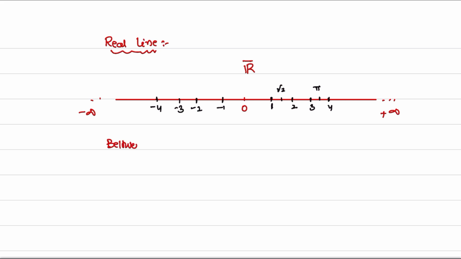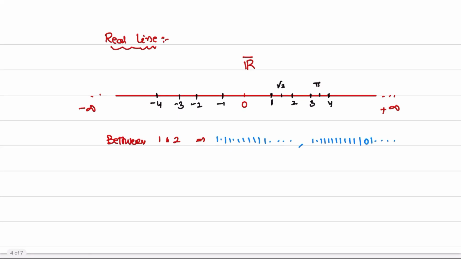Between 1 and 2, how many numbers may be there? 1.11111111, decimals can be infinite. 1.11111111 01, decimals can be. This is also there. This is different. Both are different real numbers, because some 0 is here and 0 is not here. Like that, there are infinite numbers between two real numbers.